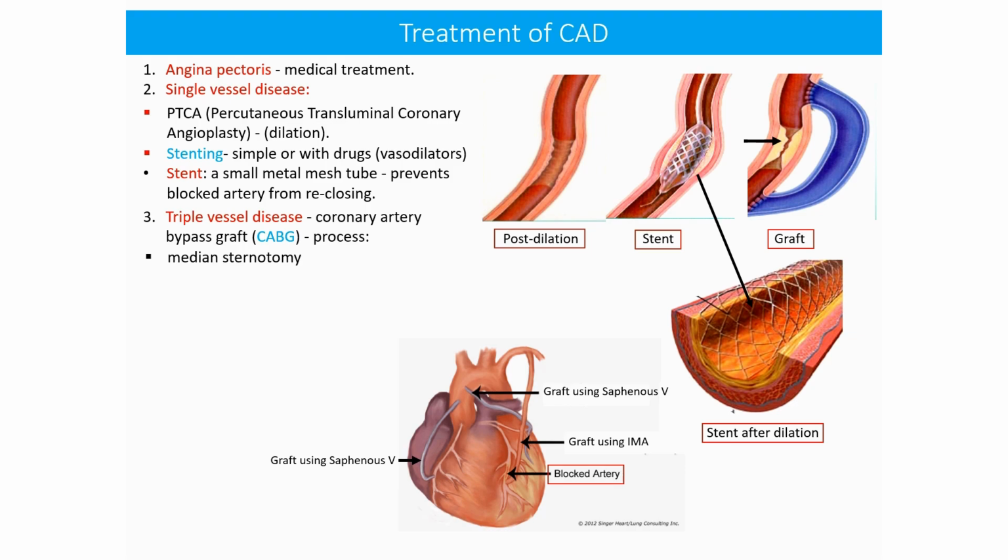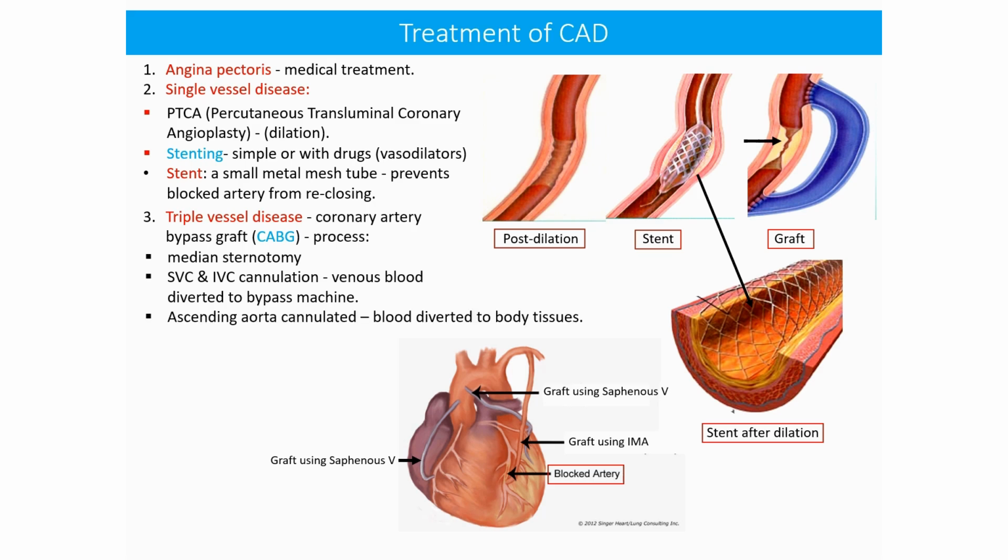The process of this grafting is that first the median sternotomy is performed, then superior vena cava and inferior vena cava are cannulated so that venous blood is diverted to the bypass machine. At the same time, ascending aorta is also cannulated so that blood from the bypass machine is diverted to the body tissue.